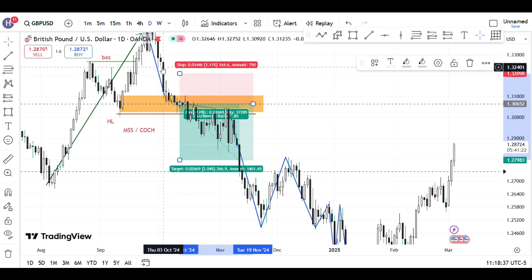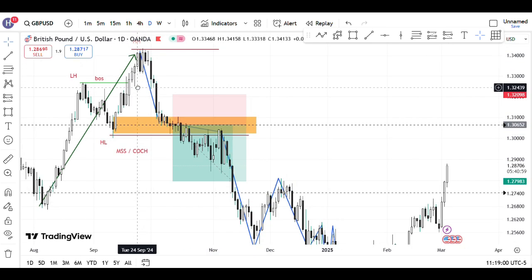Why 50%? Because this is a displacement candle or imbalance candle. I will tell you in the next videos. This breaker block is valid because these candles are displacement candles or imbalance candles. There are gaps in between these candles, right?